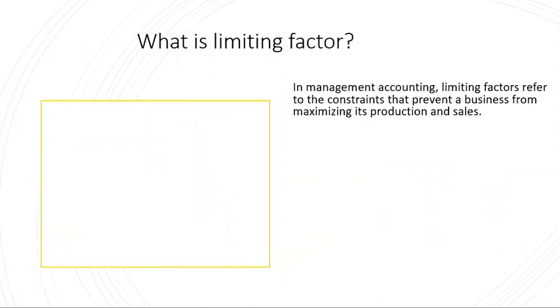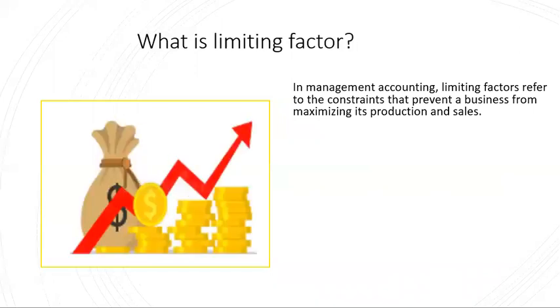In management accounting, limiting factors refer to the constraints that prevent a business from maximizing its production and sales. We all know that the basic aim of any company is to increase its profit. To increase profit, a company has to sell more. And to sell more, a company must produce more and more.